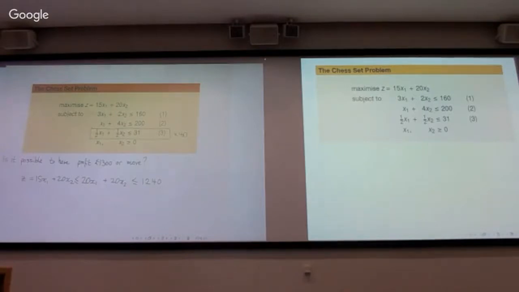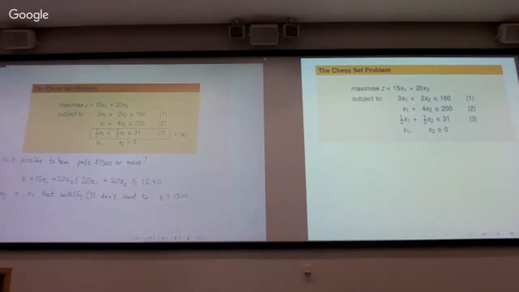Okay, so any x1, x2 that satisfy constraint 3 do not give us this, so that proves that profit of 1,300 or more is not possible. Make sense?